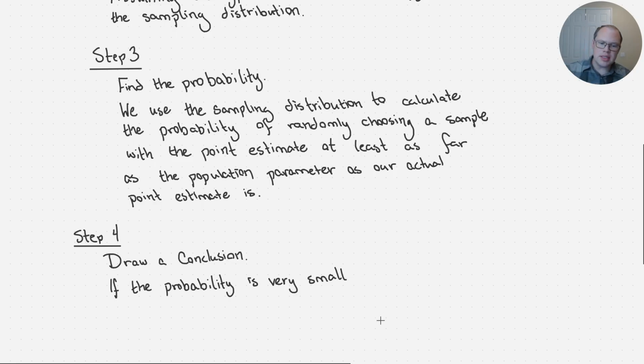If the probability is very small, then we might say, well, gee whiz, this is so unlikely to happen if the hypothesis is true, that instead I think that the hypothesis probably isn't true. So we might choose to reject the hypothesis.